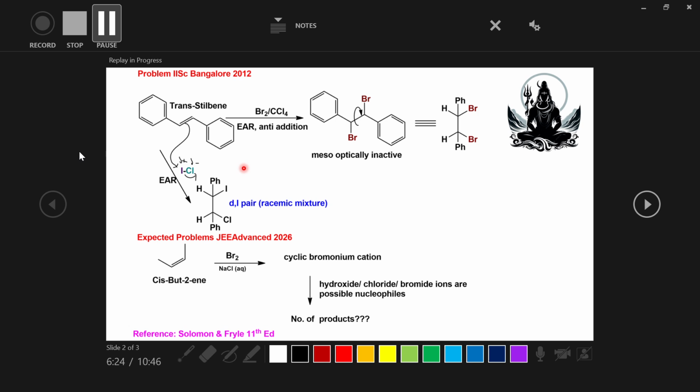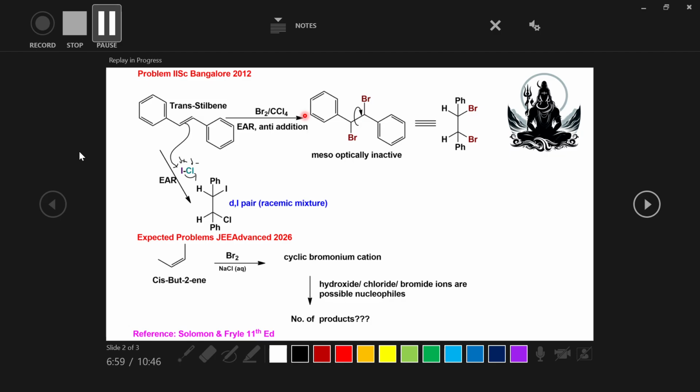That's why we have put a delta minus charge on Cl, and for I we have put a delta plus charge. So now this negative pi electron cloud is going to attack this, which will subsequently lead to formation of a cyclic iodonium ion, and a chloride will be cleaved off. Just like we had discussed for the bromonium ion.